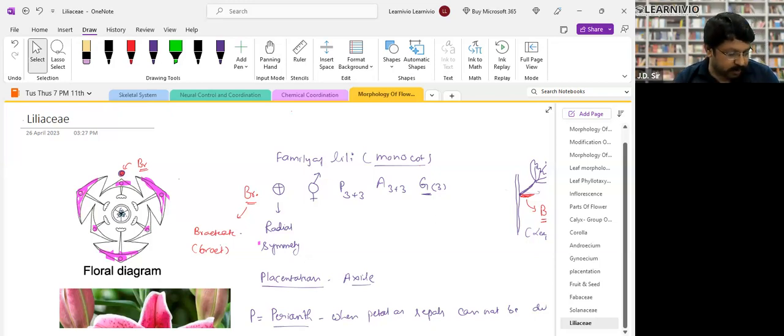The answer should be a minimum of 90 words, and that belongs to 3 marks. For a 3 marks question, you must write it in 90 words. Clear?